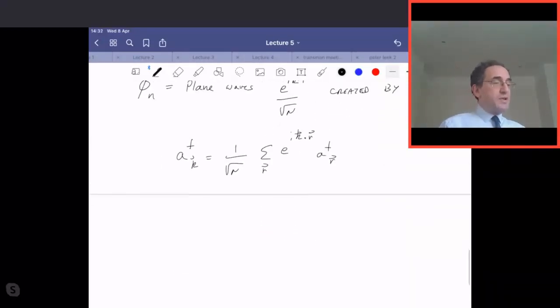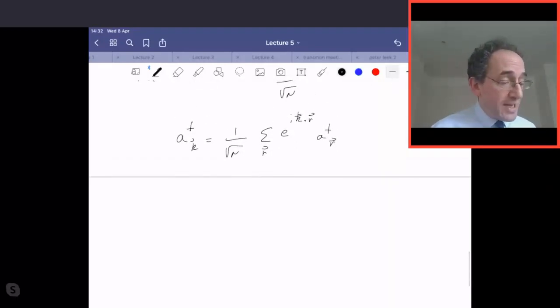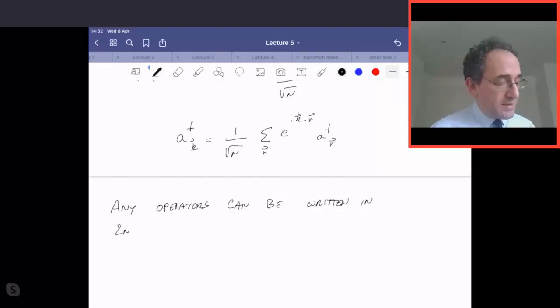It's always useful to remember that any operators can be written in second quantization.